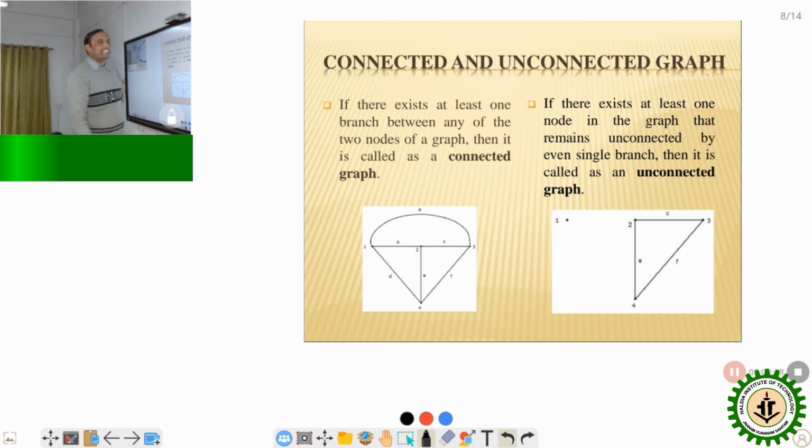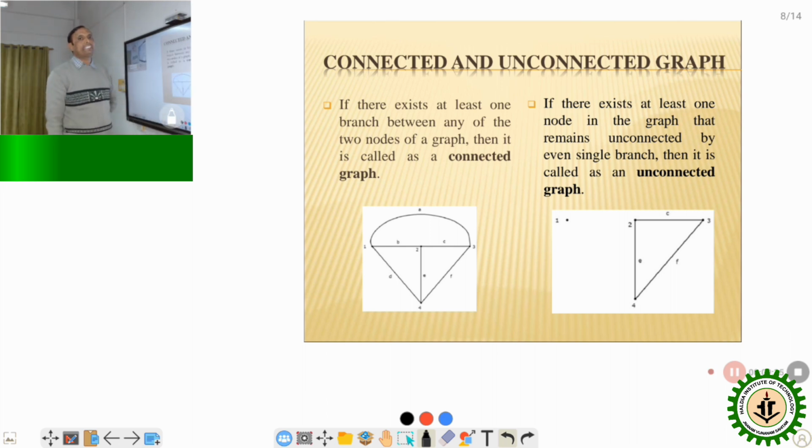But for an unconnected graph, it is just the opposite. If no branch is present between some two nodes, then that graph is called an unconnected graph. See, here we can see node 1 and node 2. In between them, no branch is present. That means node 1 is totally isolated.